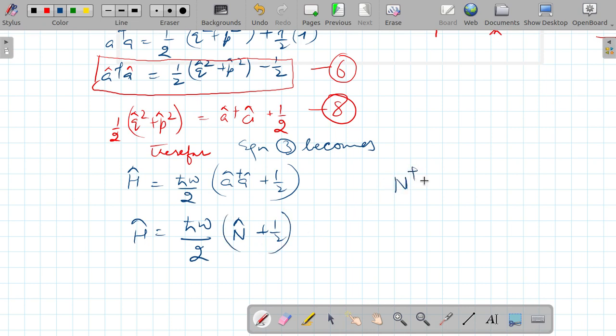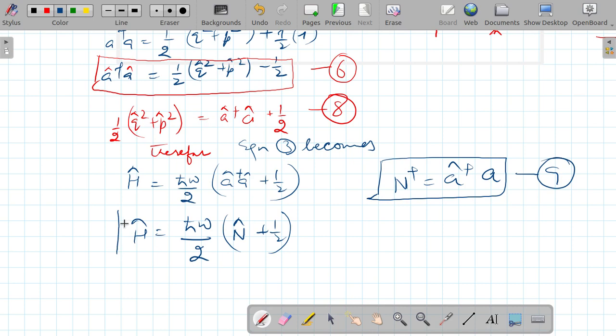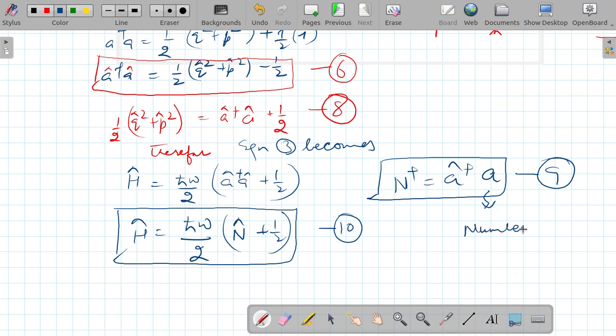Here n operator, I called it as a dagger into a, and let me call it as equation number 9, and let me call it as equation number 10. Here this is known as number operator or occupation number operator, right?